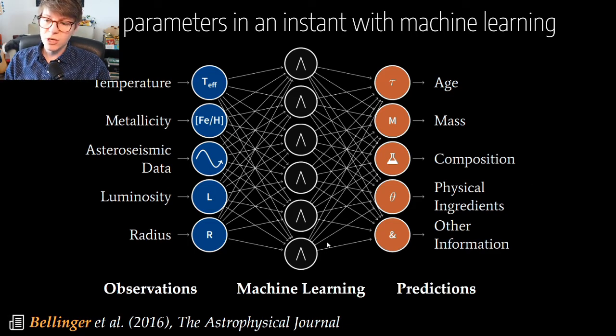And then it's passed through to a large ensemble of learners that have learned the relationship between observation and theoretical parameters using a huge number of theoretical simulations. And then finally on the right side, the information about that star comes out, such as the posterior distribution describing its age, its mass, its composition, and whatever other information you wish to constrain about the star.